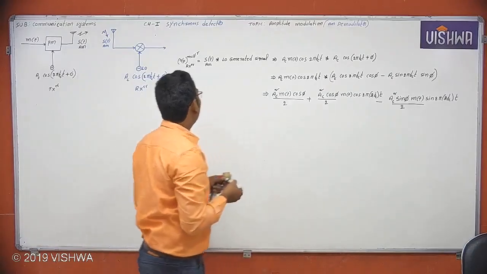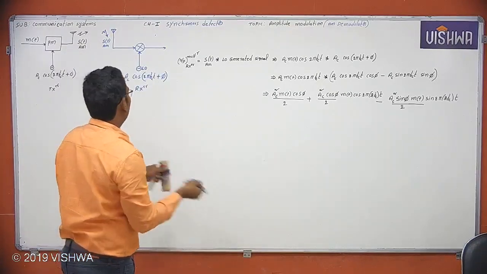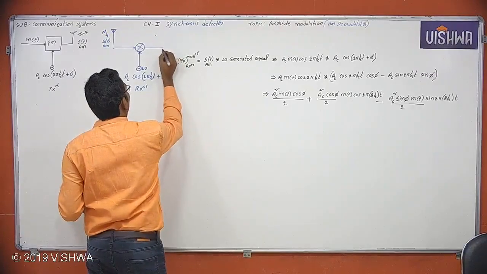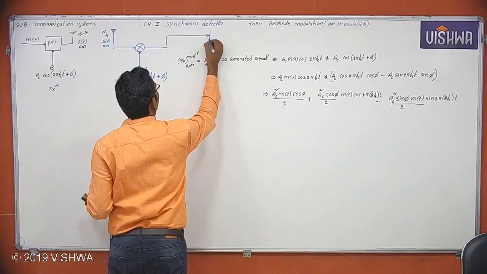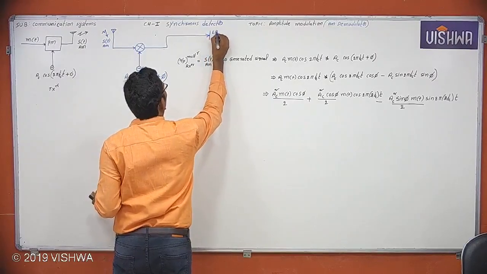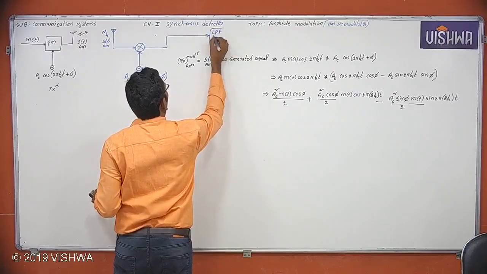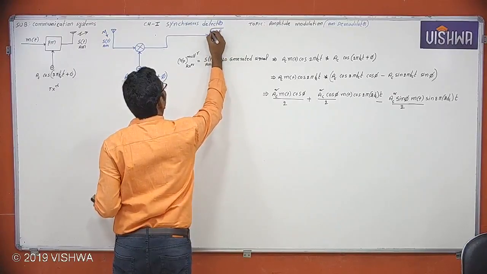But what are we expecting? We are expecting the output of the demodulator to be a message signal. Therefore, this is passing through a low pass filter.